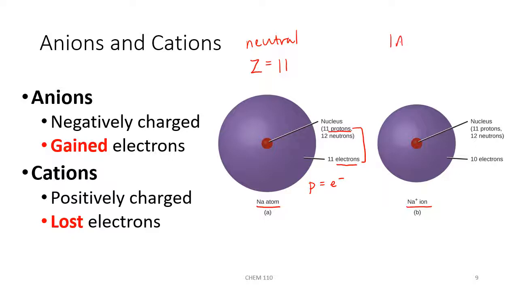Sodium is a group 1A metal, and we just saw in the previous slide that any metal in group 1A forms a +1 charge. So that means sodium will lose one of its electrons to form a +1 charge. In the ion, it still has 11 protons in its nucleus, but now it only has 10 electrons surrounding it because it lost one. We can always count the number of electrons that a specific ion will form if it is a representative element.